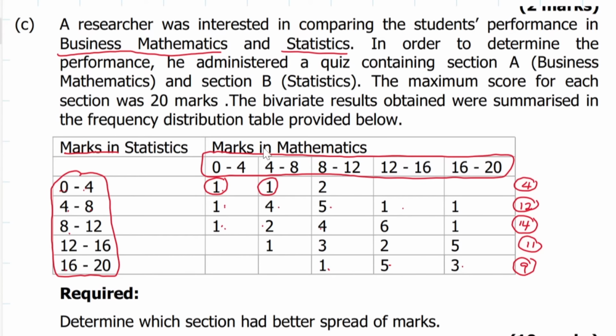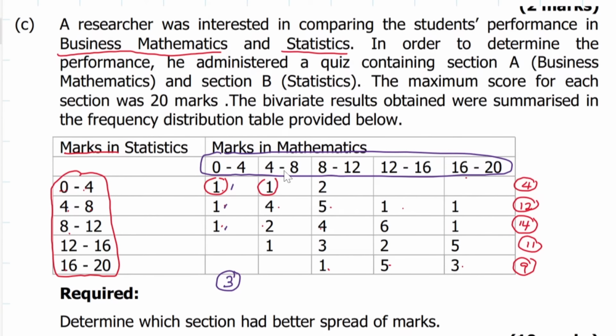Then those who got marks in math. Let me try and do this instead, just to use different colors to avoid confusion. Those who got marks in mathematics, the way this table has been structured, those who got between 0 and 4 are 1, 2, 3, so there are 3.